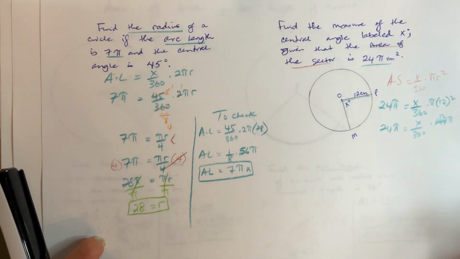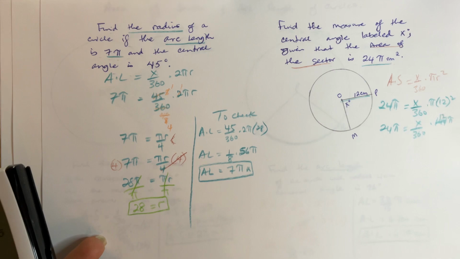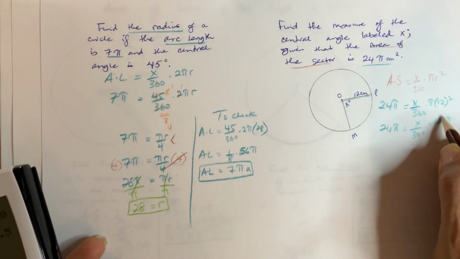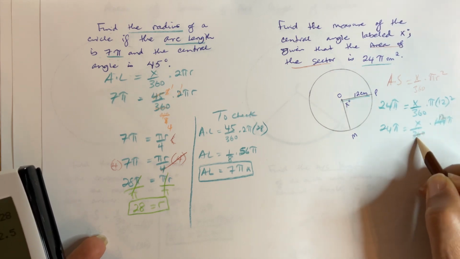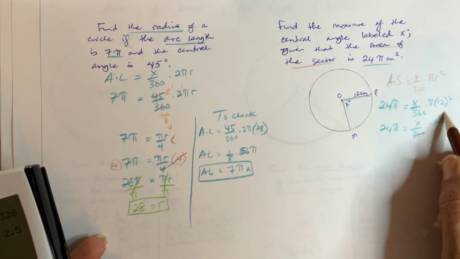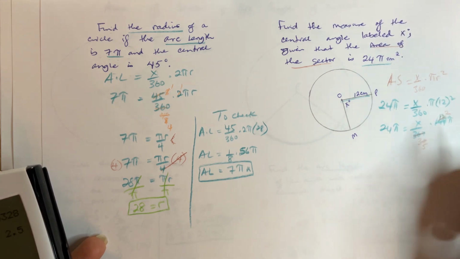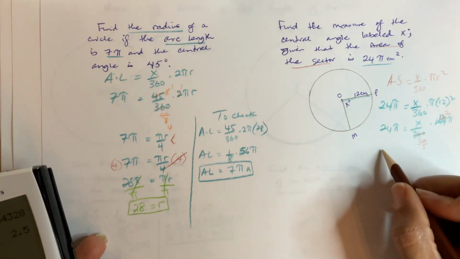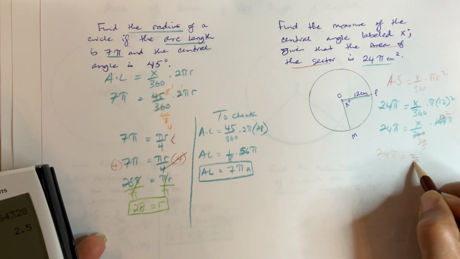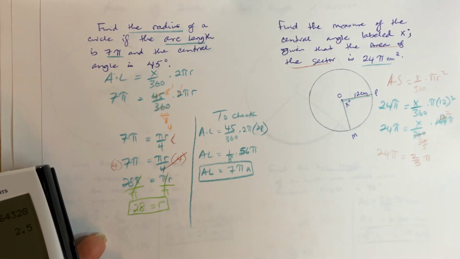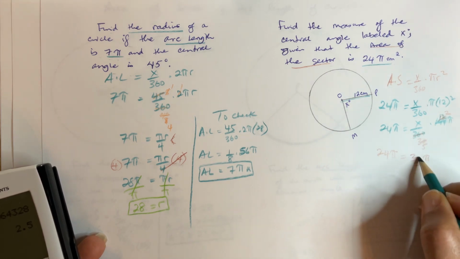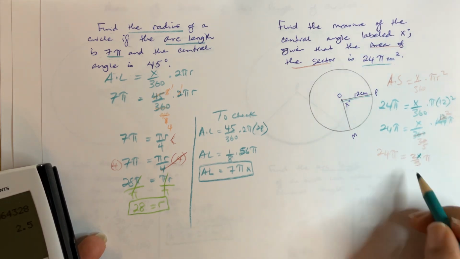Let's use a different color. 12 into 12 is 1, 12 into 360 is 30. Then 6 into 30 is 5. So I'm going to have 24 pi equals 2 over 5 pi x. Don't forget the x.